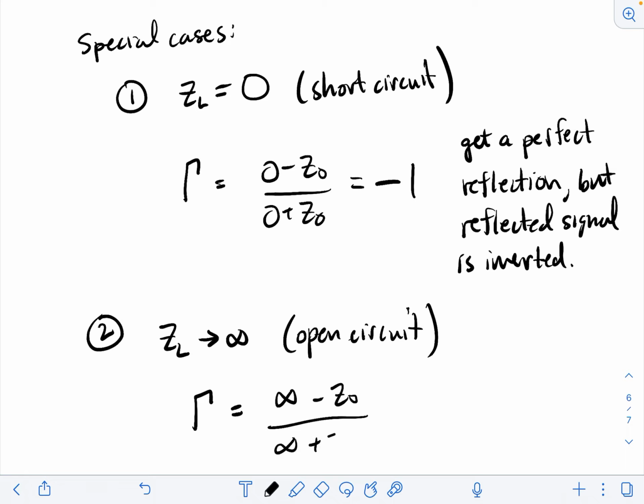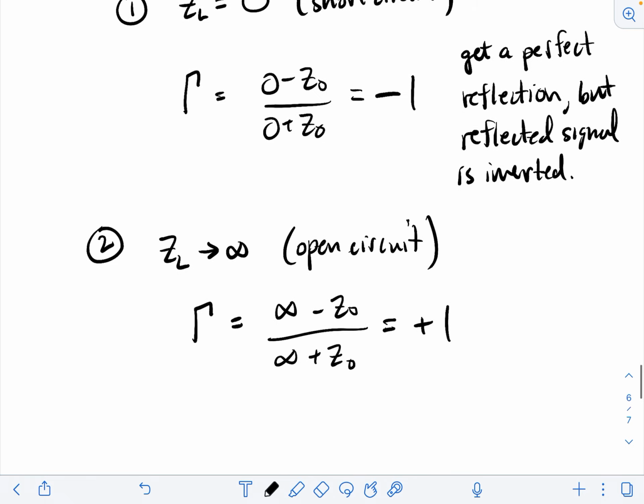Of course, the Z naught is insignificant compared to the infinities, and so we just get ZL divided by ZL, which is plus 1. And so this is a perfect reflection with no inversion of the signal.